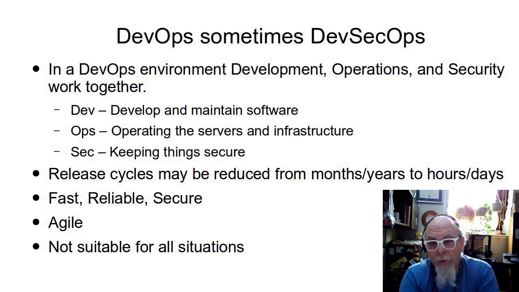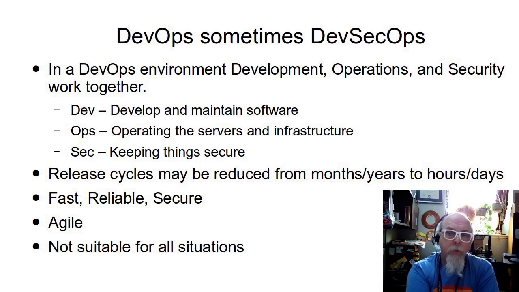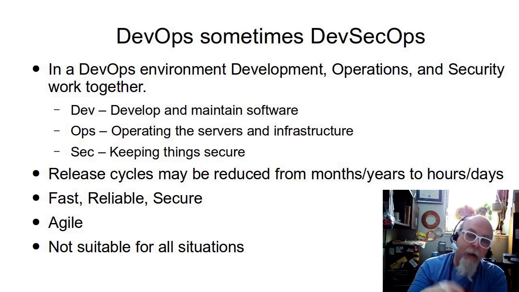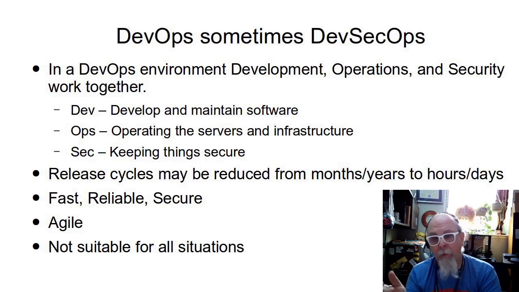It doesn't work for all situations, but DevOps is a really cool way to combine agile methodologies for project development with operations to make it all work dynamically and to close some of those loops of writing a piece of software and shipping it over to operations, and operations doesn't know how to use it or has problems with it and has to come back to development, and then development goes back to operations.